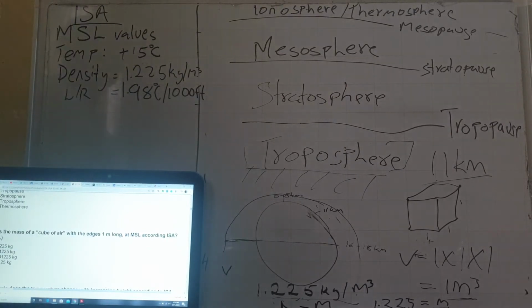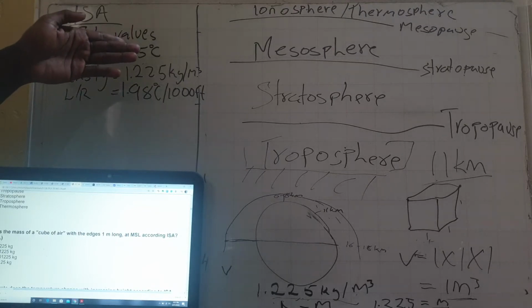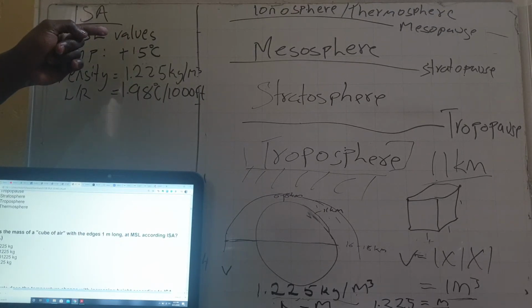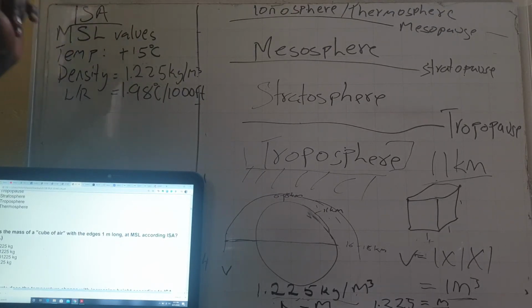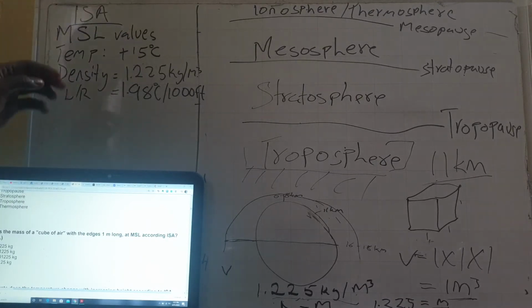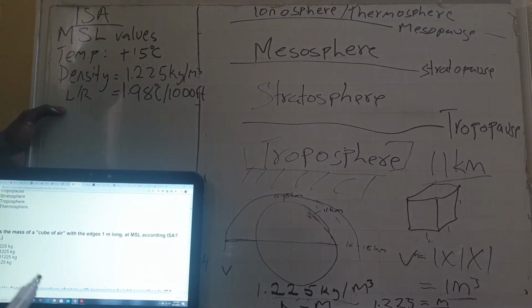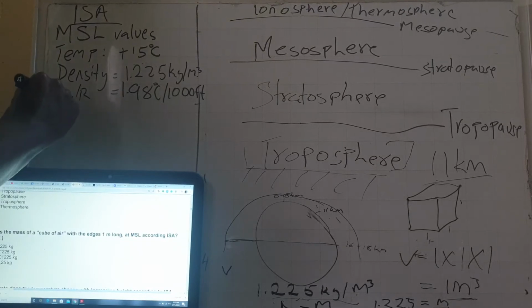So at 1,000 feet above mean sea level, the temperature should be 13.02. Okay. And then what have I forgotten? Temperature, density, and pressure.